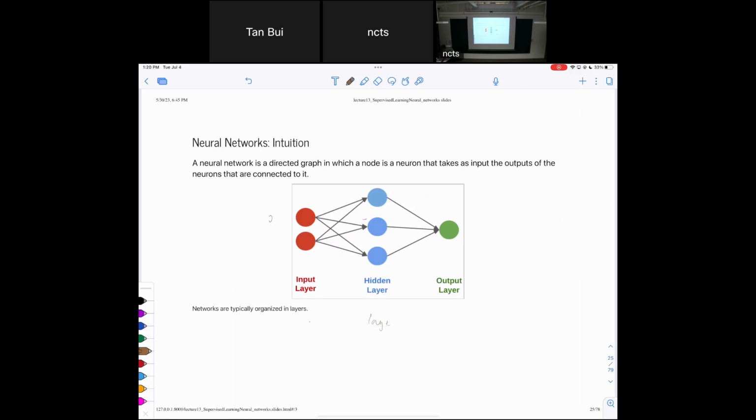You only count the layers after the input layer: layer one and then layer two. So this is a two-layer neural network, which we just saw.